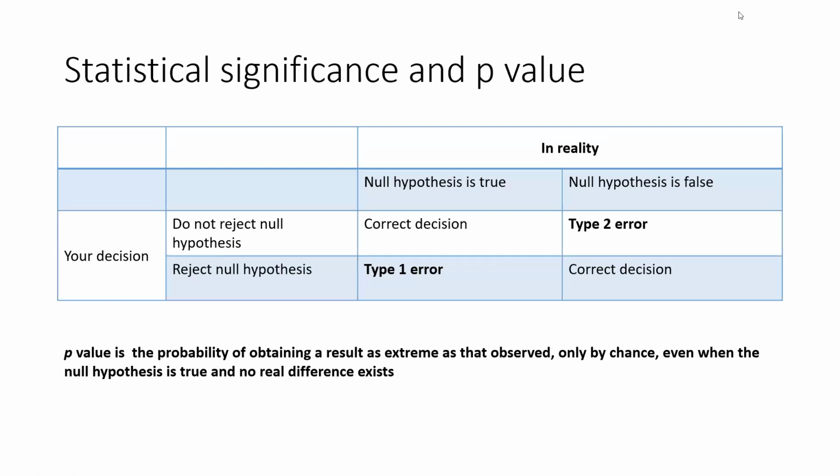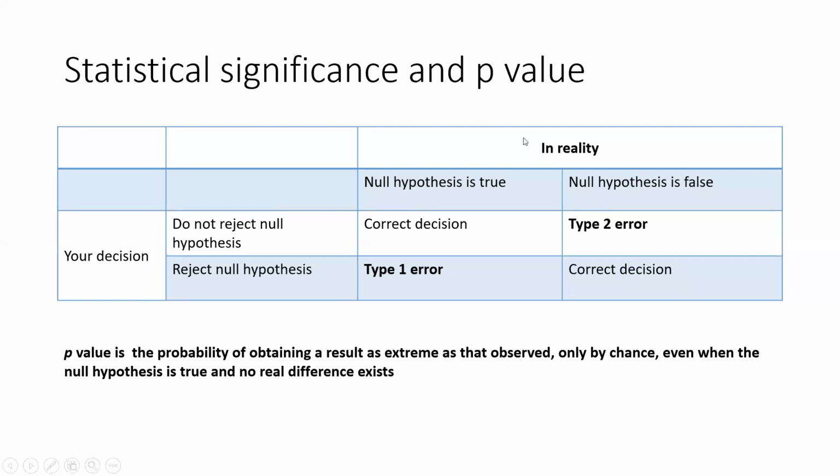So what is this p-value? If you do a research, let's take the same example between smoking and lung cancer. In reality, I do not talk about the result of the study. In reality, there are two possibilities. The null hypothesis can be true, that means there's no association between smoking and lung cancer.